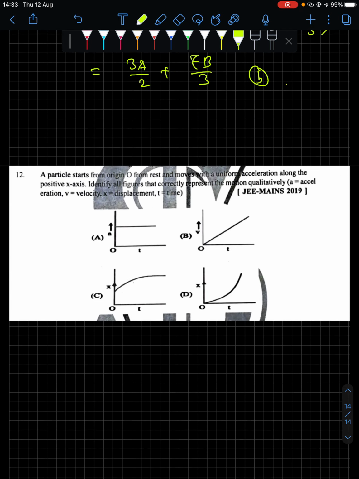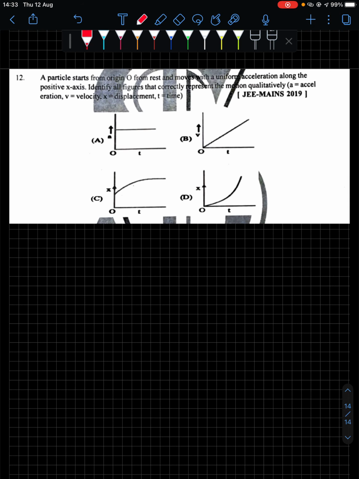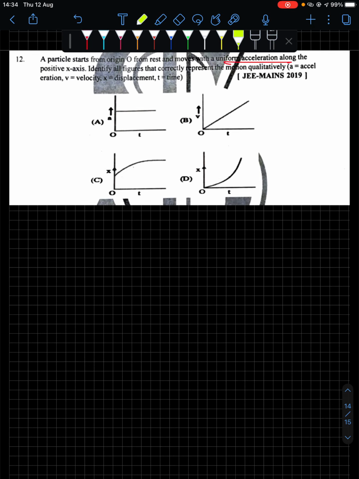And the last question, this is a graphical question. So particle starts from origin and it is moving with uniform acceleration. Uniform acceleration means constant acceleration, right?